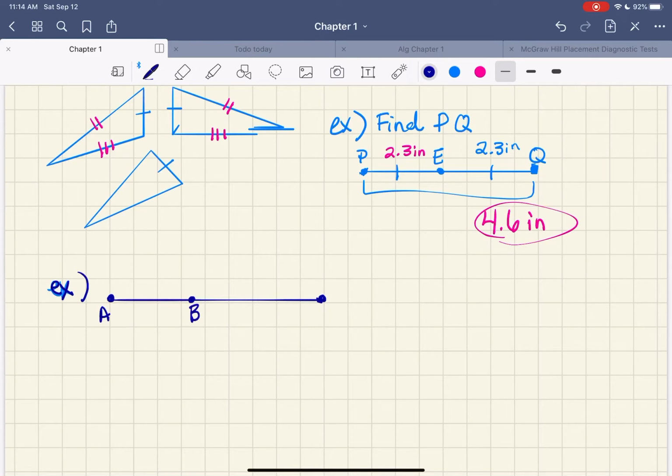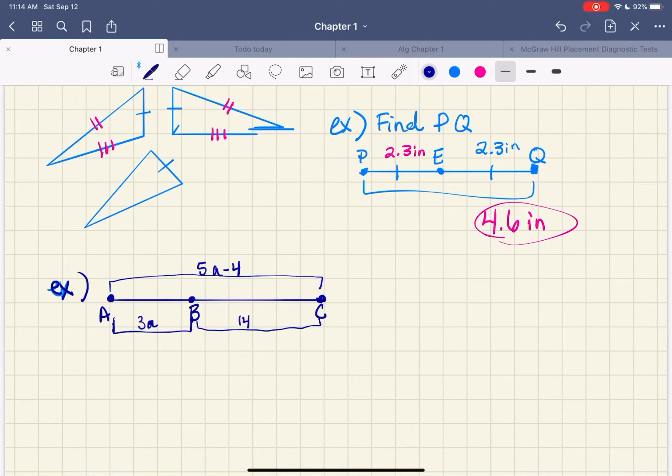So if I had this, and this one was 3A, BC was 14, and AC was 5A minus 4.